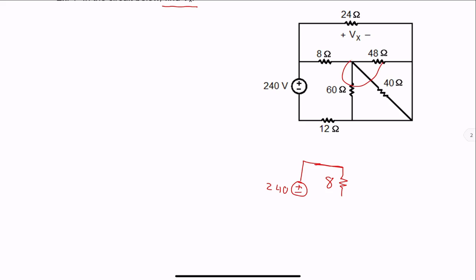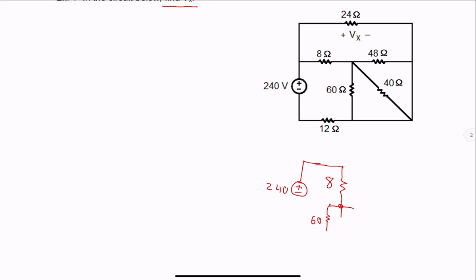Following that, we have these 3 resistors, all starting at the bottom of the 8 ohm resistor and going back on the other side to the 12 ohm resistor. So these 3 are right here.